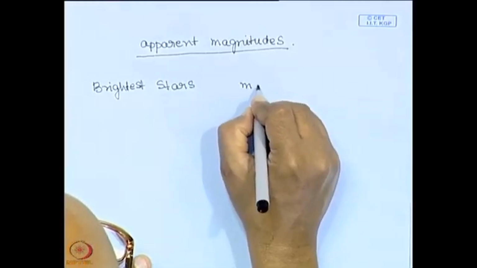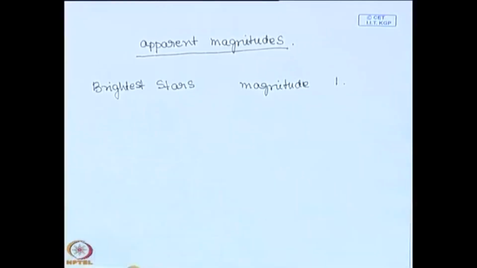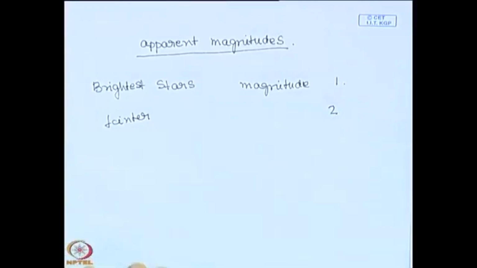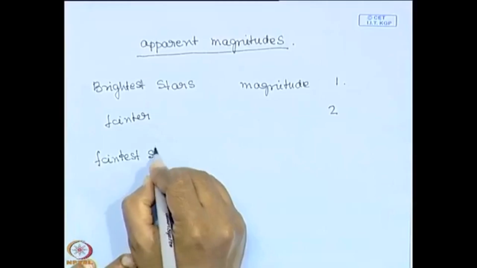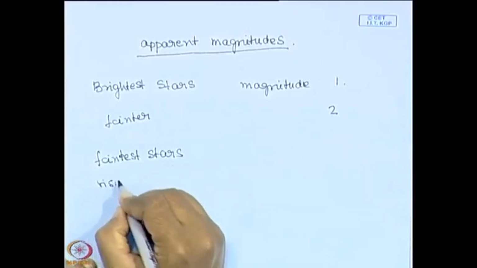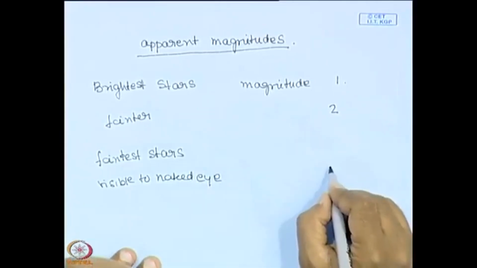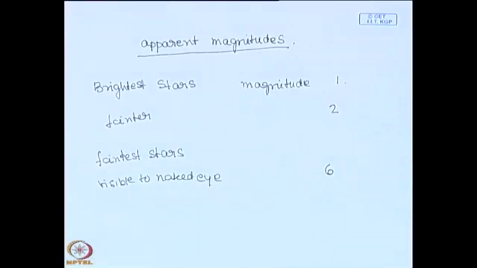Then the ones which appeared to be roughly half as bright were given the magnitude 2, and the faintest stars that are visible to the naked eye have a magnitude 6. So this was done by the ancient Greeks.